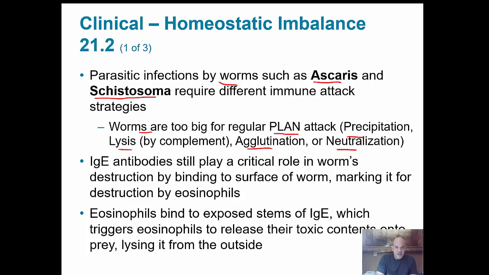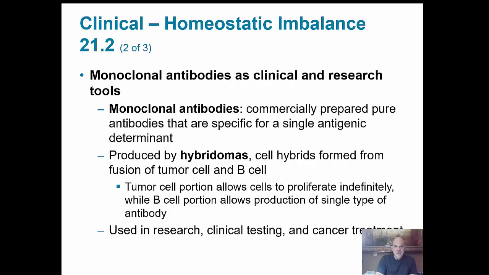They bind to the surface of the worm, marking it for destruction by eosinophils. And so the eosinophils then are going to bind to the exposed stems of the immunoglobulin E, and this is going to trigger the eosinophils to release their toxic components, which work toward lysing the worms from the outside, so attacking them from the outside.